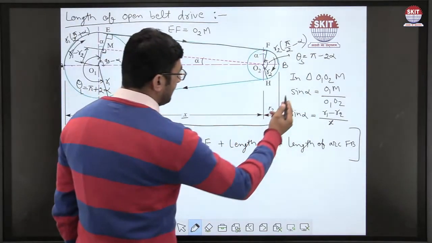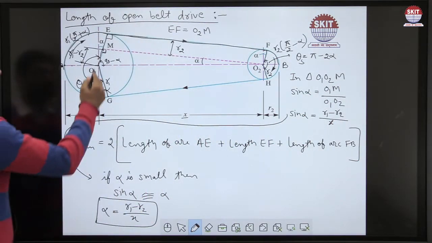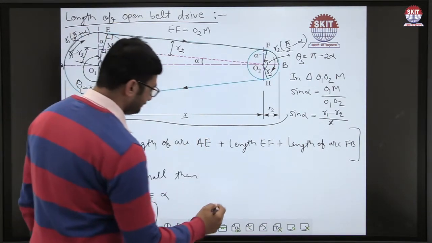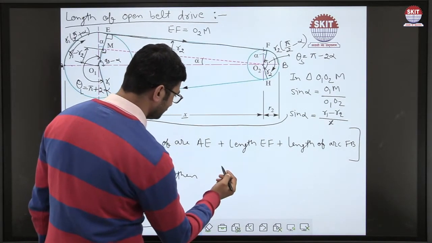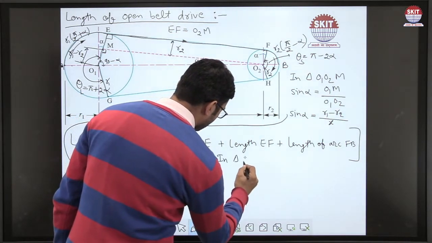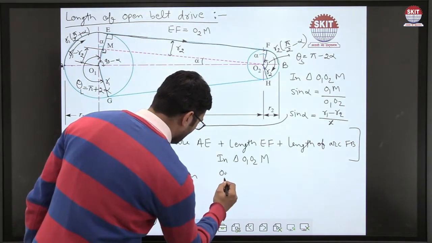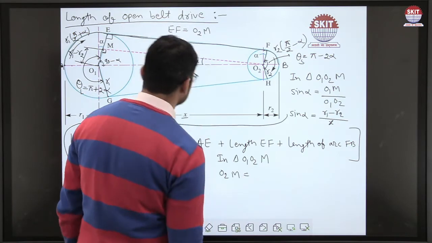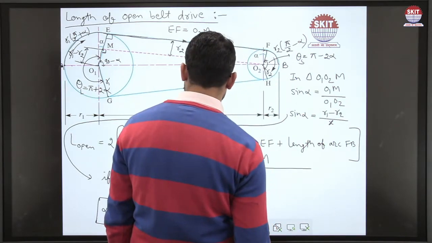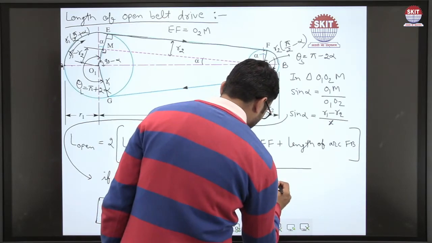And in triangle O1 O2 M, we apply the Pythagoras theorem to find the value of O2M. In triangle O1 O2 M, O2M is equal to the square root of O1O2 squared minus O1M squared.